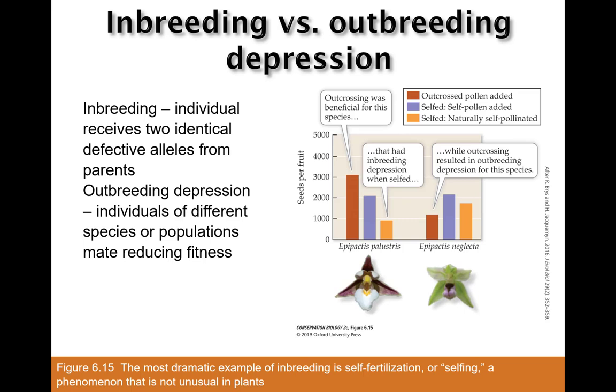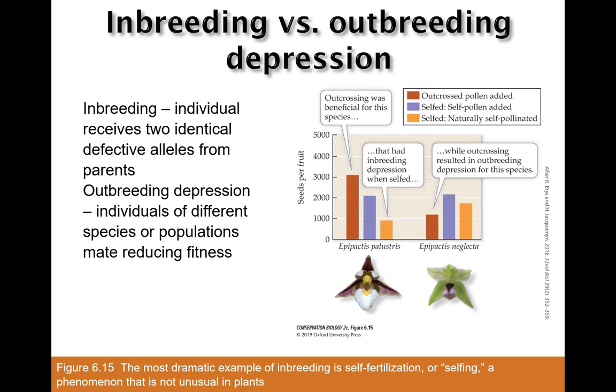So inbreeding versus outbreeding depression. A basic overview: inbreeding is when individuals receive 2 identical defective alleles from their parents, and outbreeding depression is when individuals of different species or populations mate, and that reduces their fitness. People talk about the polar bear mixing with the brown or grizzly bear, and that may have an effect on the fitness as it changes their head and jaws.